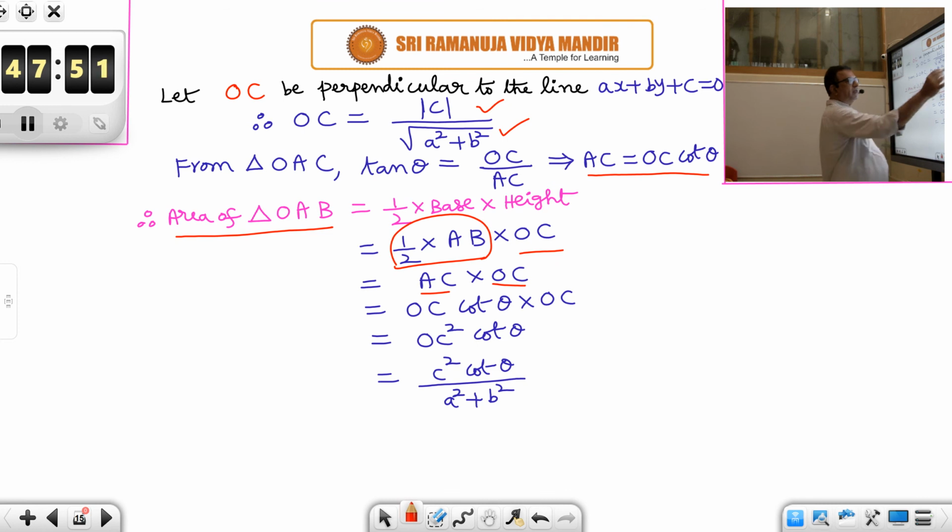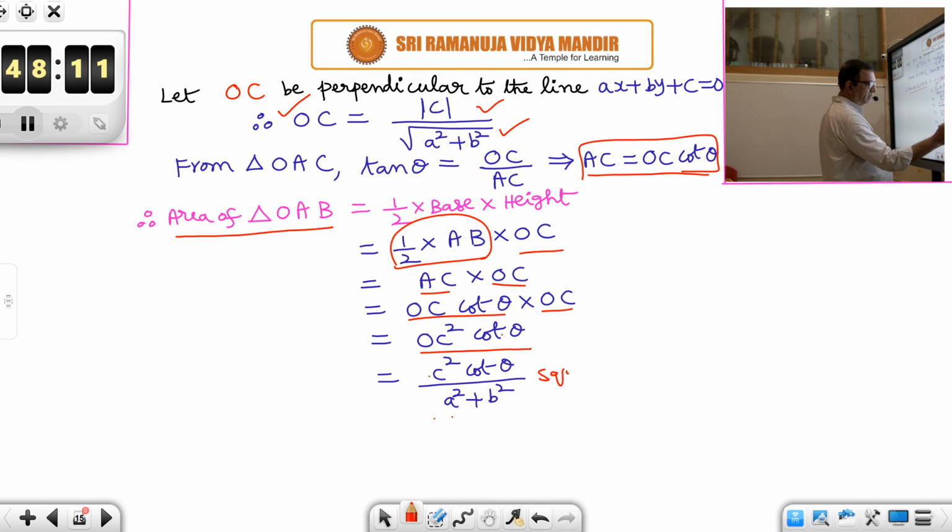AC into OC. But AC is OC cot theta, and OC. So OC square cot theta. But OC is here. OC square means c square by a square plus b square into cot theta. So the formula is c square cot theta by a square plus b square square units. See, this formula is also important.